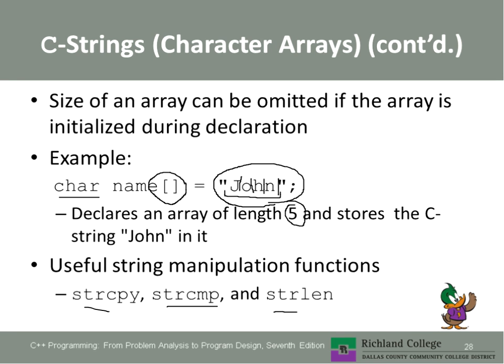So it is going to be called a C string, not just a character array. Okay, so we need some functions that will work on character or C strings specifically.